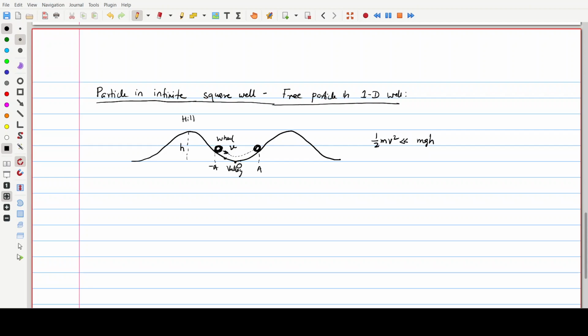Now we are going to modify this problem a little bit. From the first hilltop to the second hilltop, the height of the hill is gradually changing. First it decreases to a minimum, then it increases. Now suppose somebody has taken away a portion of the hill in such a way that the hill becomes like this.